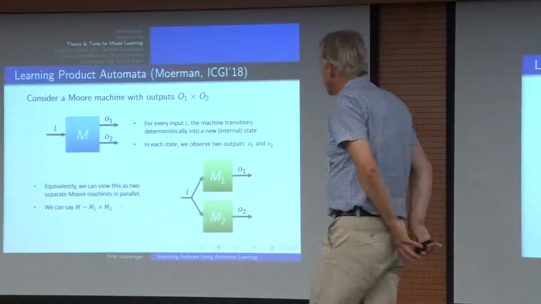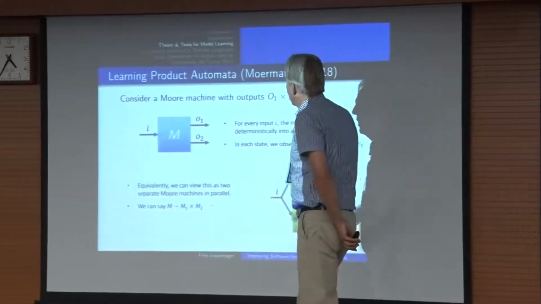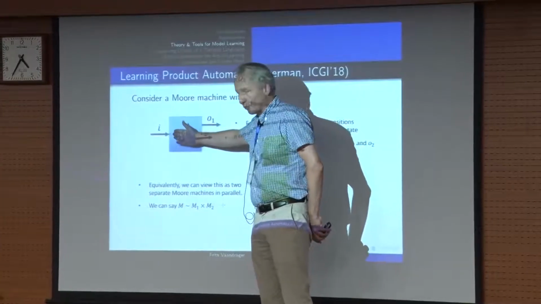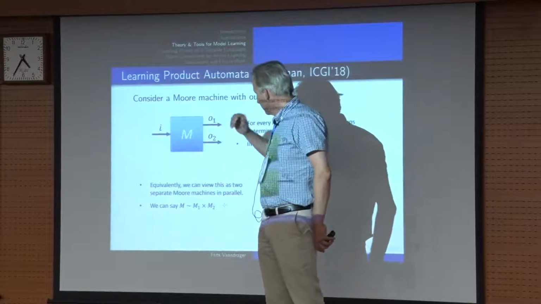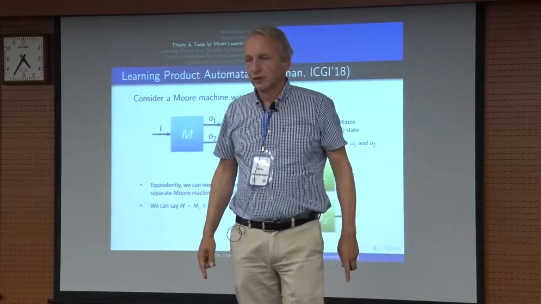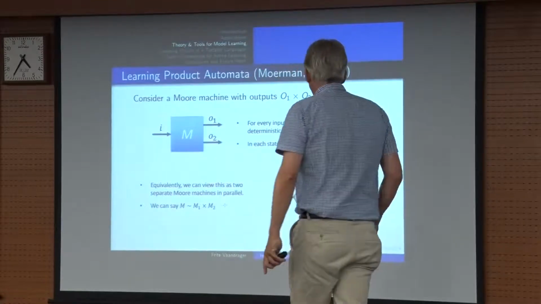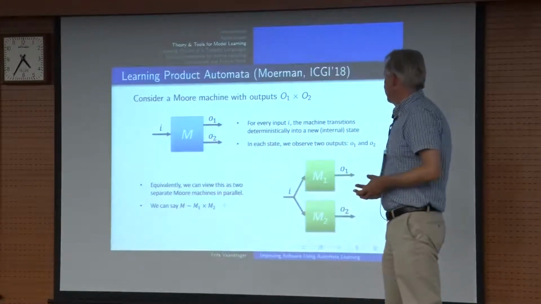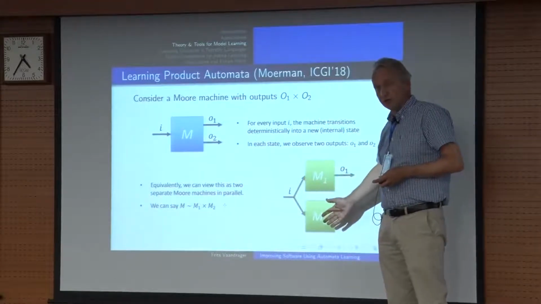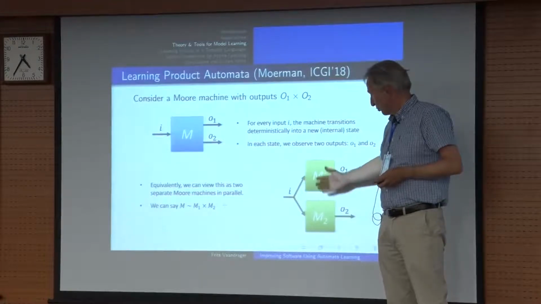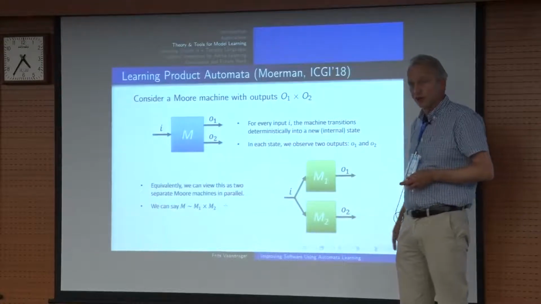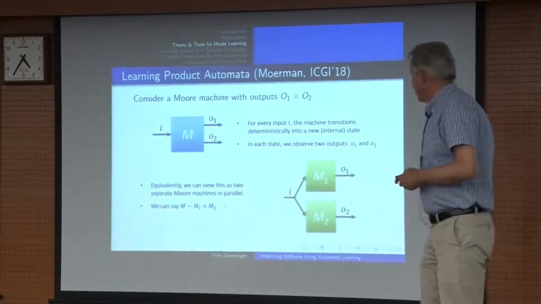Suppose we have a Moore machine which jumps from one state to another based on inputs, and in every state, it produces two outputs, O1 and O2. Then we can view this Moore machine as a composition of two Moore machines composed in parallel, which both share the same input, and one outputs O1 and the other outputs O2.